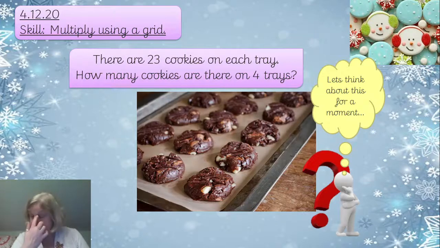You could think about counting forward 23 jumps of 4 on a number line. Lots of different ways of doing that multiplication.